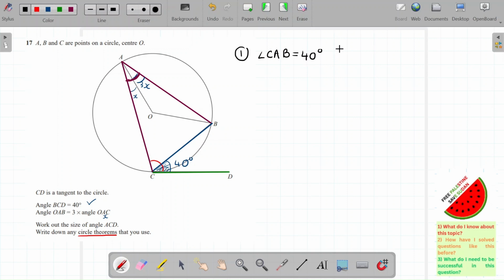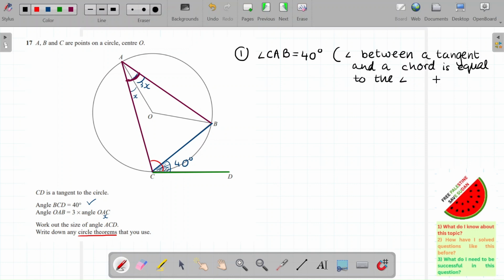And the reason for this is angle between a tangent and a chord is equal to the angle in the alternate segment.